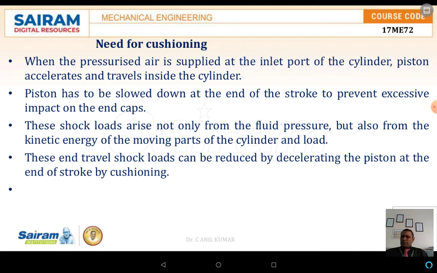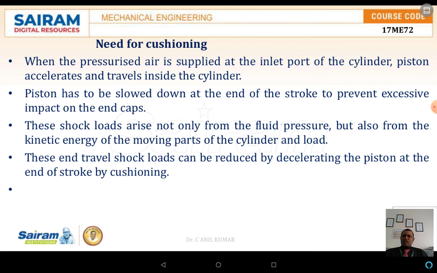When the pressurized air is supplied at the inlet port of the cylinder, the piston accelerates and travels inside the cylinder. The piston has to slow down at the end of the stroke to prevent excessive impact on the end cap. This shock load arises not only from the fluid pressure but also from the kinetic energy and the load on the system.